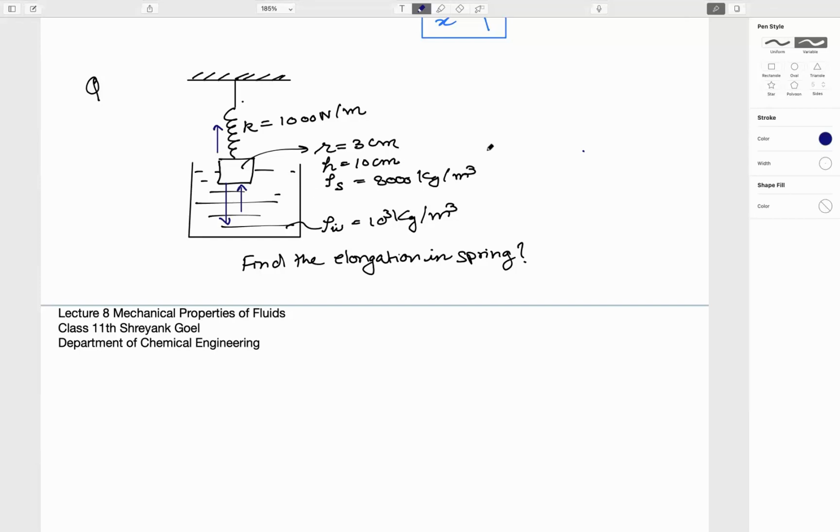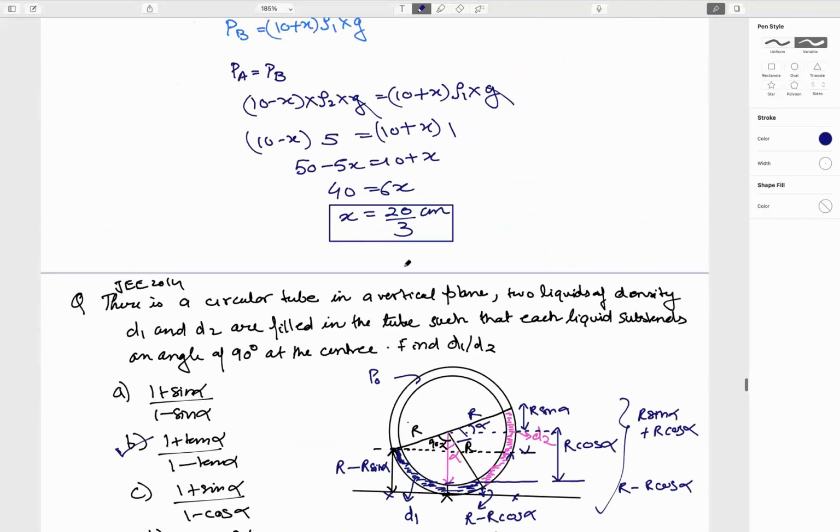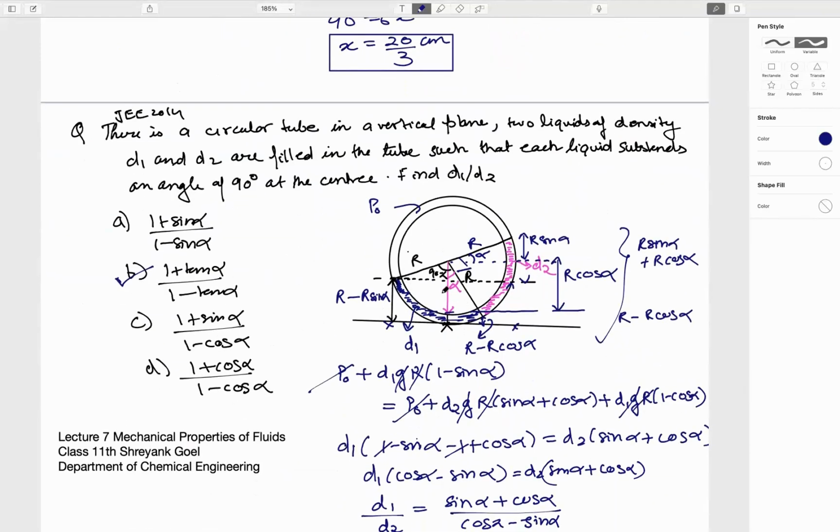Okay. So let's make a free body diagram of this block. I told you that to solve any question, first try to analyze it. If you are unable to analyze it, at least make a diagram of that, make a free body diagram, apply all the forces, then you will get a clear picture of it. If you look at this question also, you cannot predict how one can even solve it. But it is a very simple question in a way, if you just relate your concepts and try to make a free body diagram.